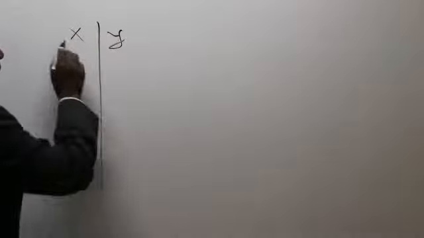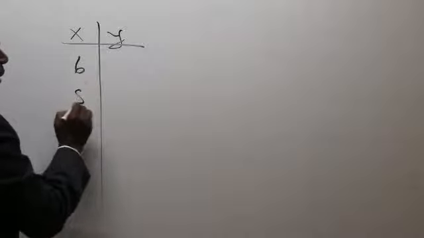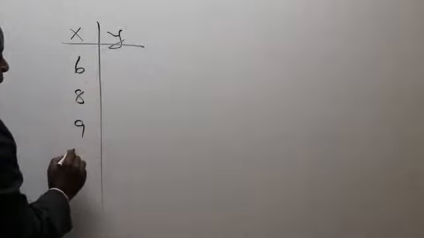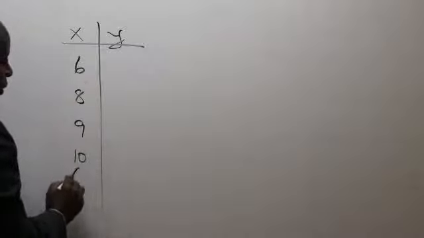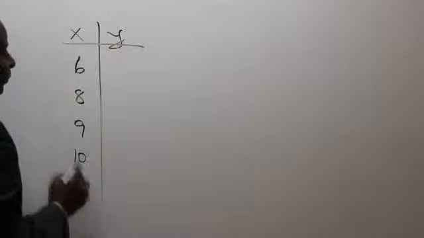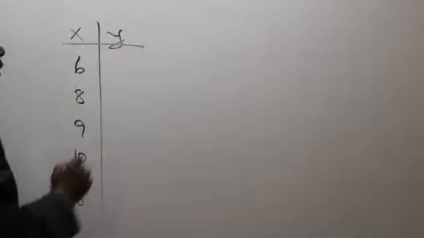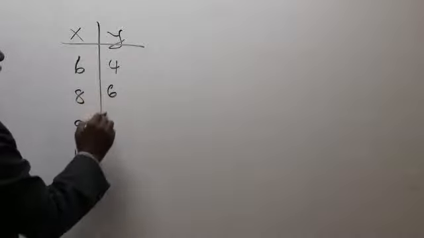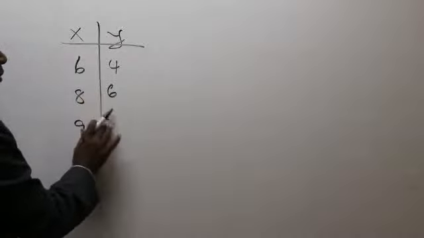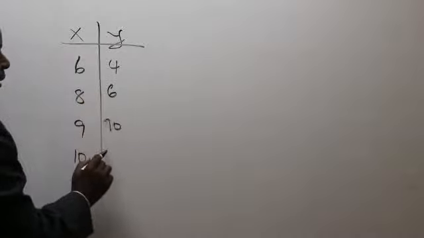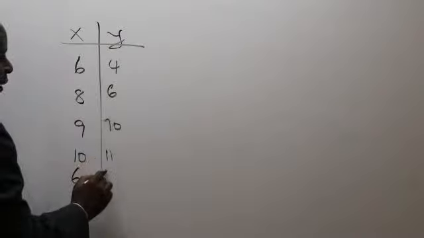So we have here x and y. Then they have given us here 6, 8, 9, 10, 6, 10. So we have here 4, 6, 9, or 10. 11. We have here 2.